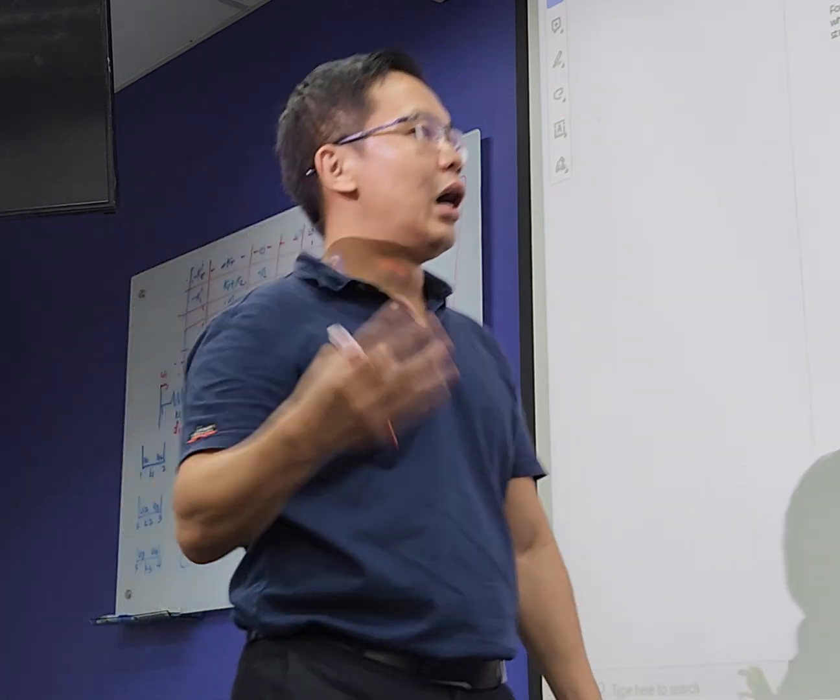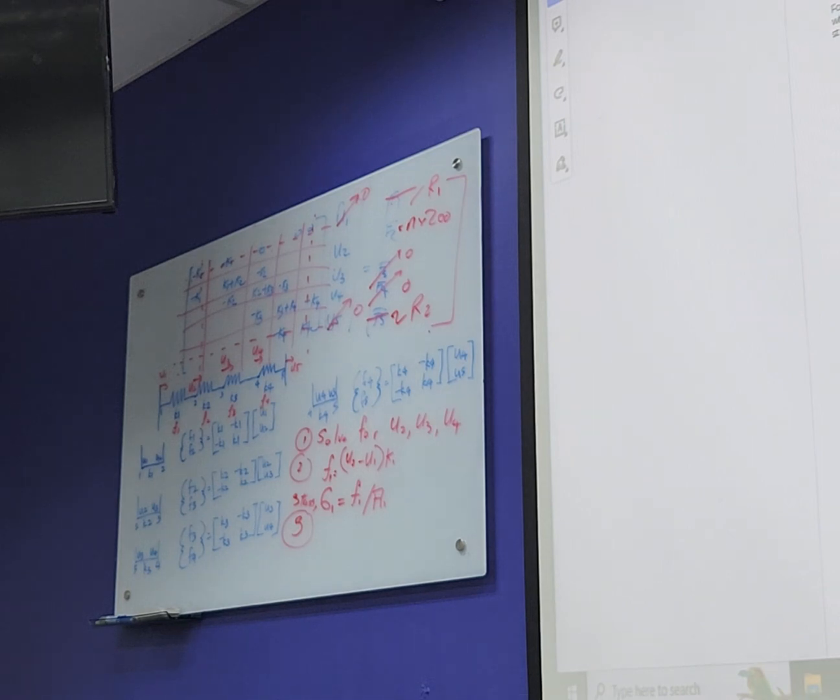Remember, we go back to our original line element. Look at this line element here. One line we learned today: if I have a spring and I impose a U1 displacement at node 1, what is the force I need? I need F1 equals K1 multiplied by U1. Agree?